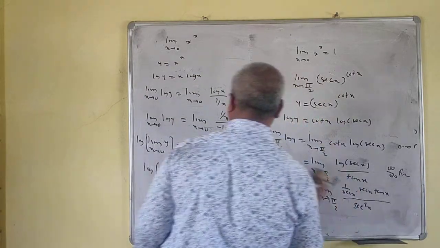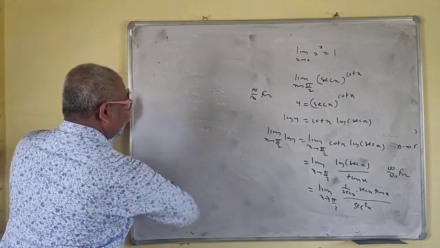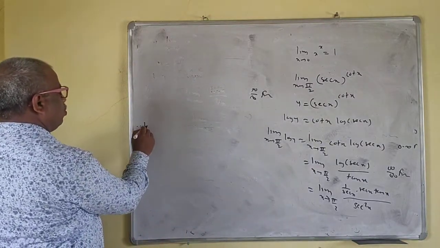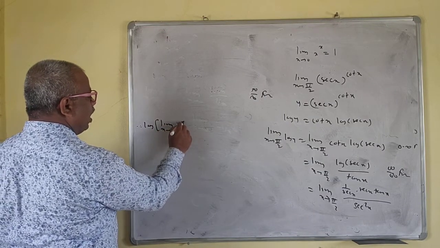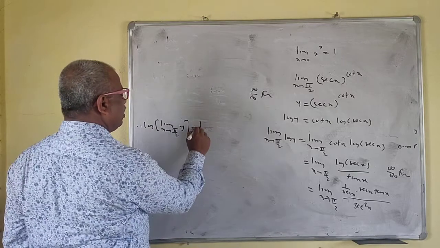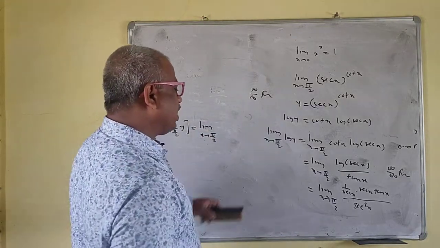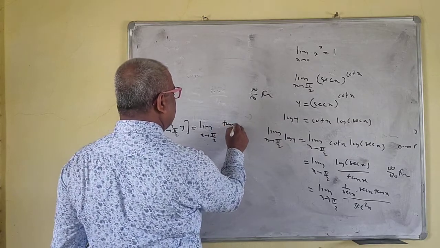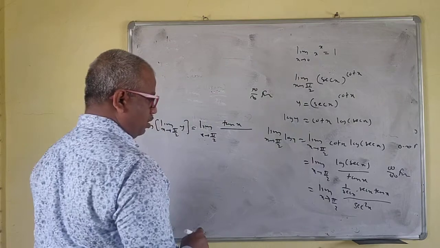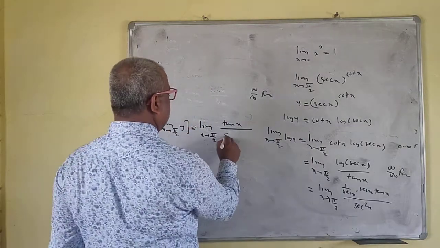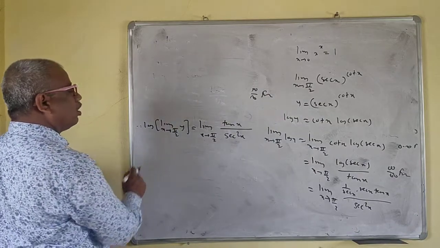So therefore log of limit x tends to pi by 2 y is equal to limit x tends to pi by 2. What is that then? Your sec x is cancelled. This is what? Tan x upon sec square x. Okay.